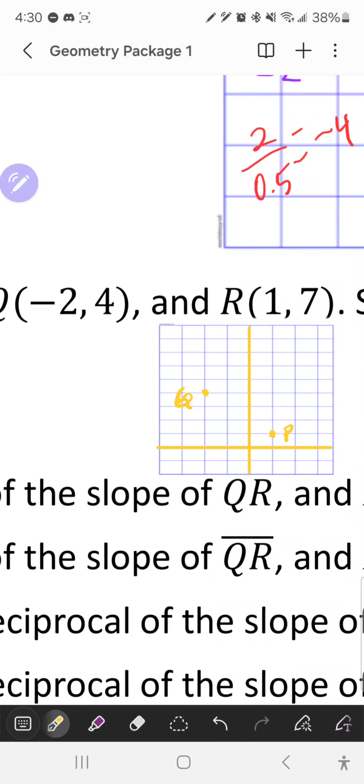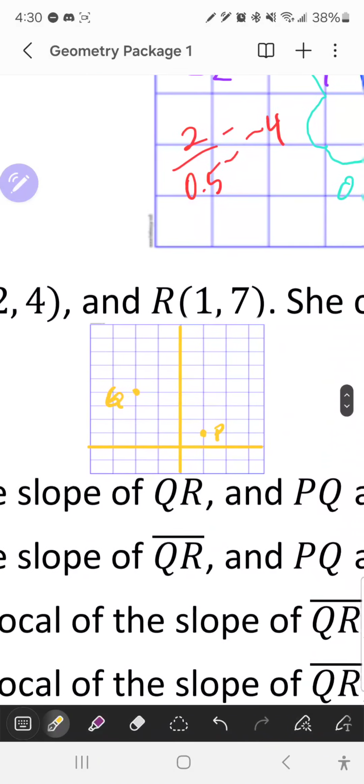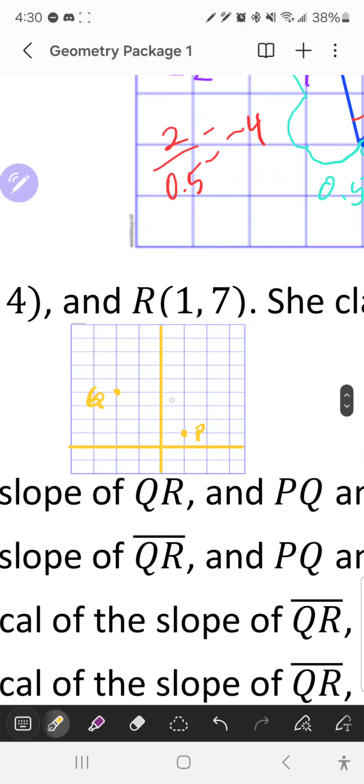This is Q. And 1 comma 7. So 1, 2, 3, 4, 5, 6, 7. It's going to be here, and this is R.